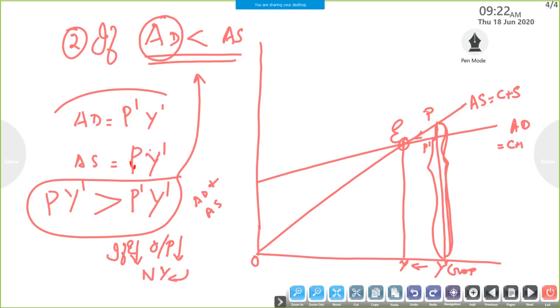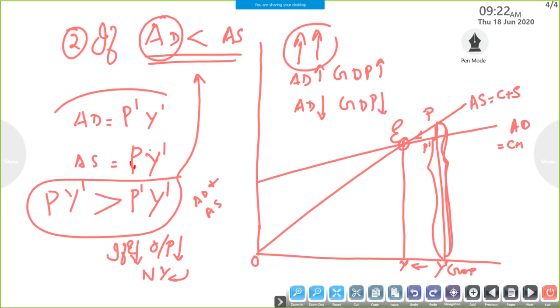There is a direct relationship between AD and GDP. If AD increases, the level of GDP also increases. If AD decreases, the level of GDP also decreases.